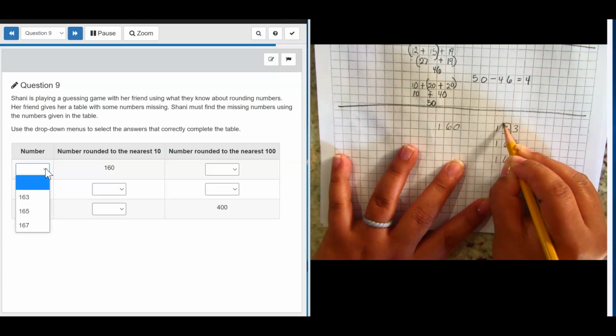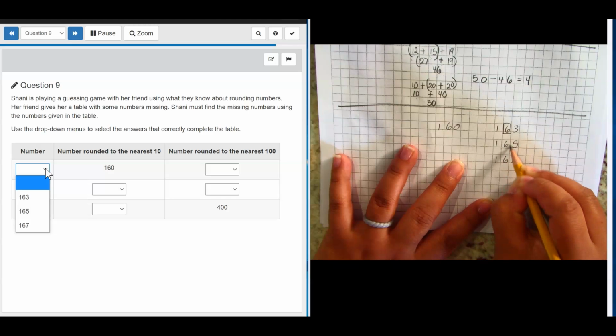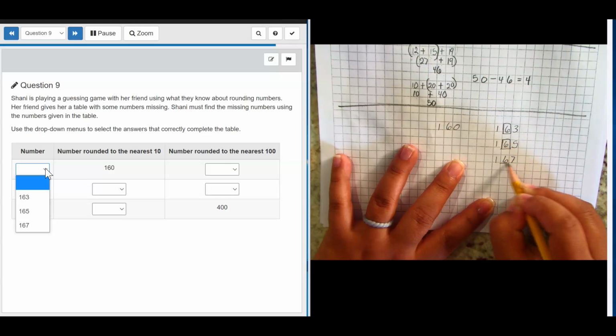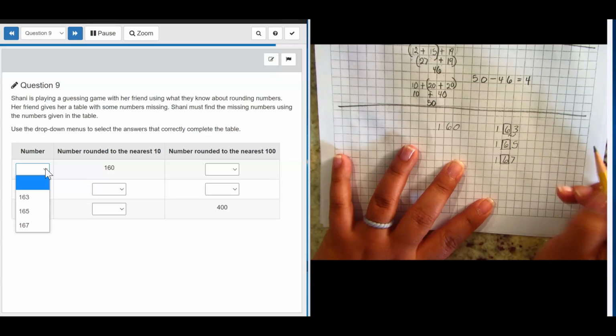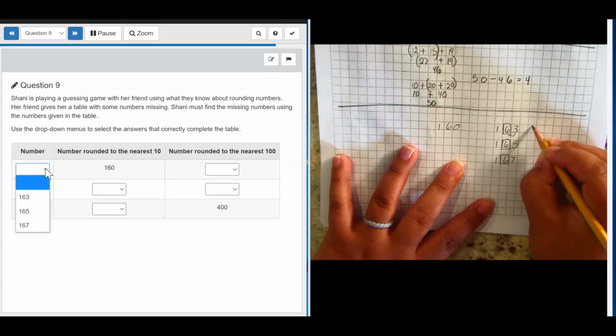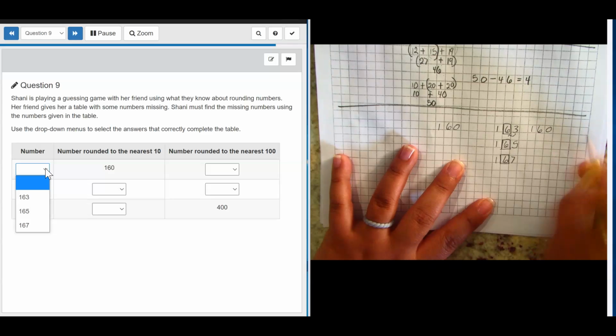This is what I am rounding to. This is the digit I'm looking at, so I need to look at the digit to the right. What is this 3 telling my tens to do? It stays at 160.